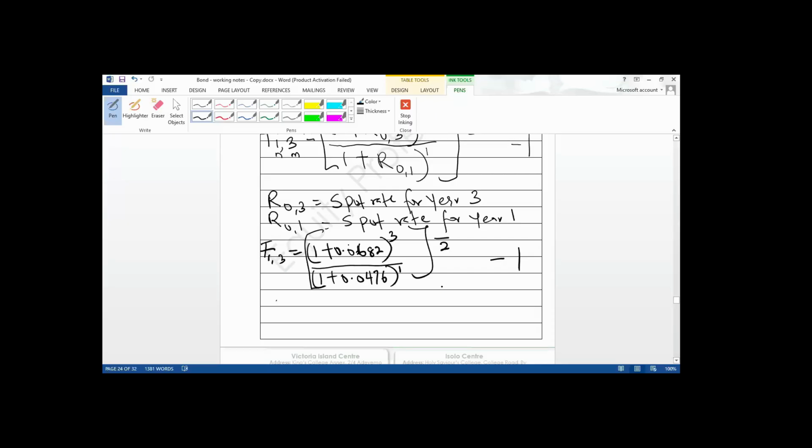Now come here. Raised to power 0.5. Then you are going to get, let me create space more.